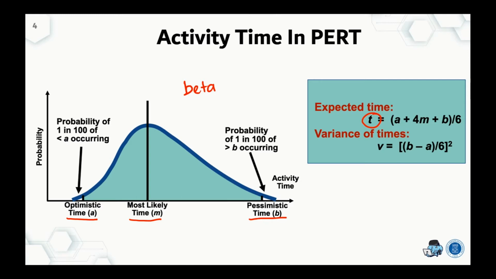The variance is equal to B minus A divided by 6, squared. These are the formulas to calculate the expected time and variance.